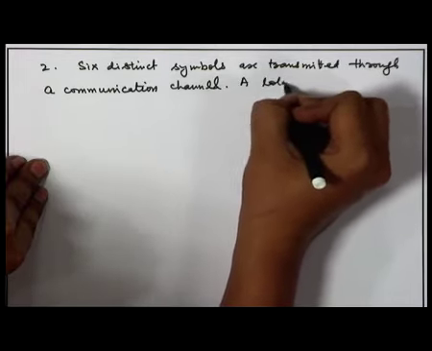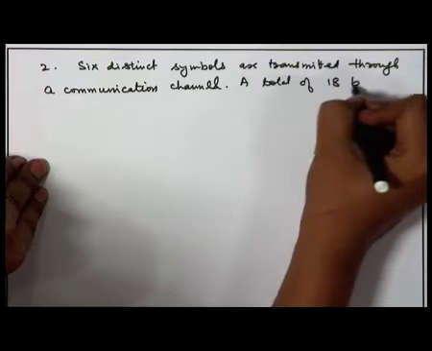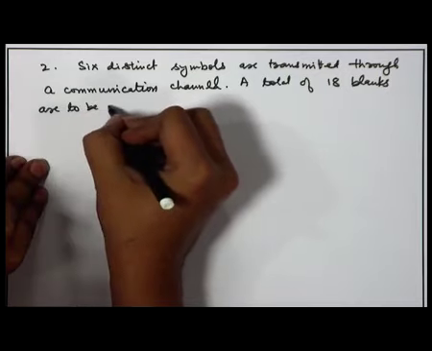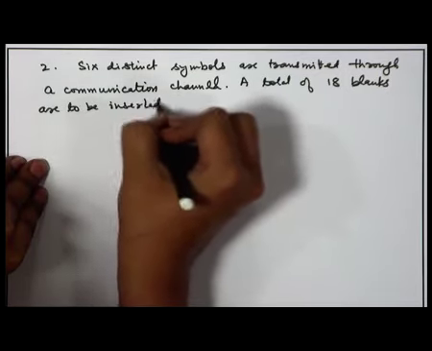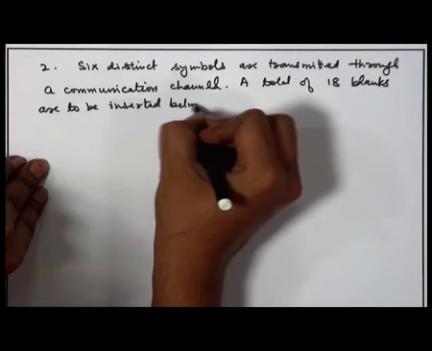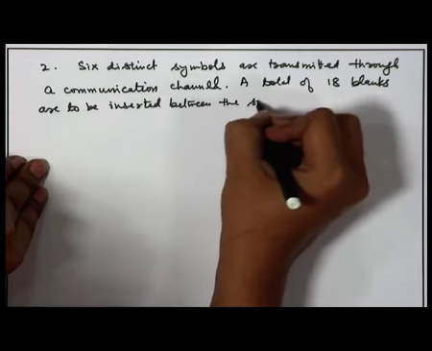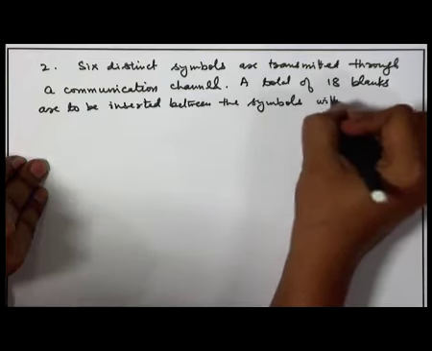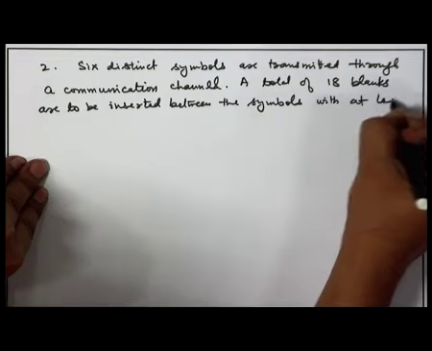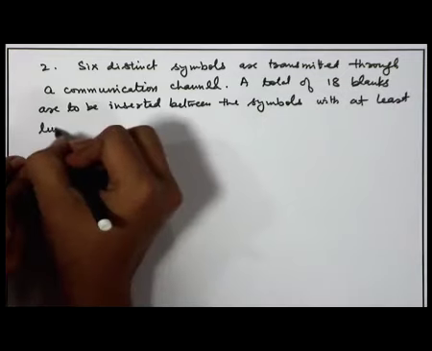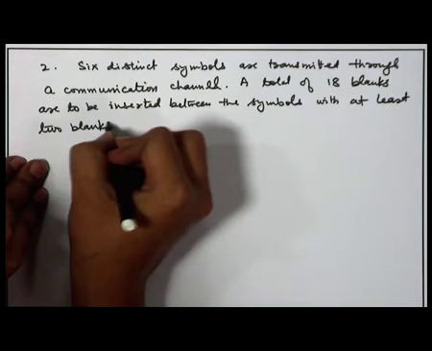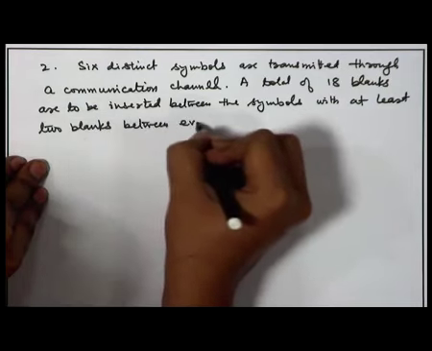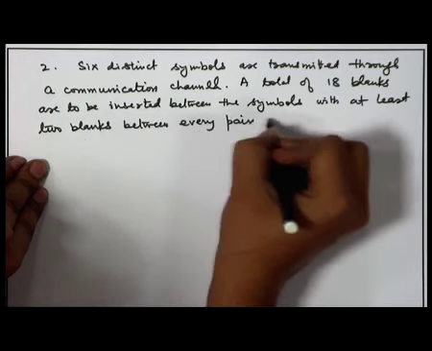A total of 18 blanks are to be inserted between the symbols with at least 2 blanks between every pair of symbols.